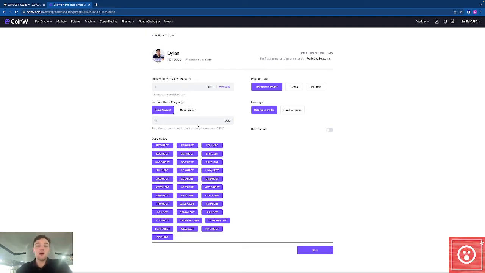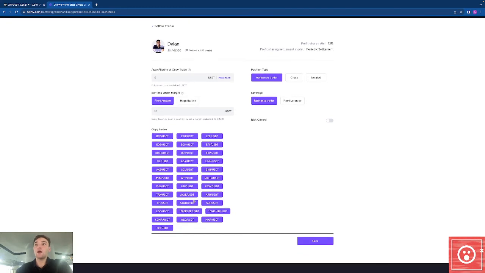If you have a small amount of money, you should put a small amount of margin per trade, because I'm opening 1 to 2 positions per trade, and sometimes during the day I open 10 positions. So you need to make sure that you're maximizing that on your behalf. Then you come down and it says copy trades.